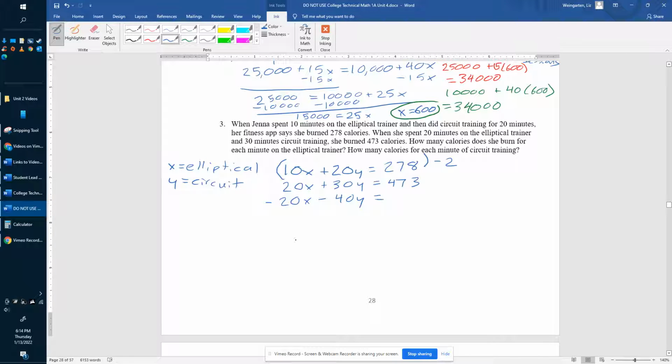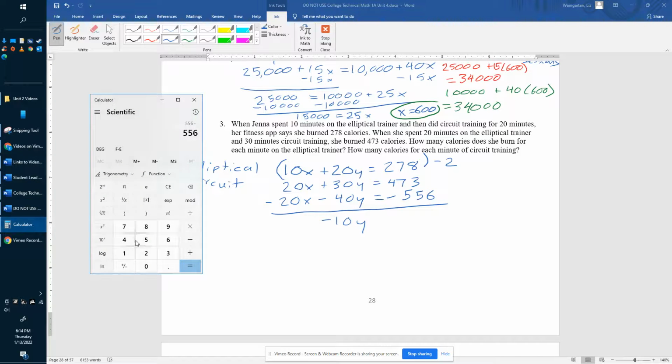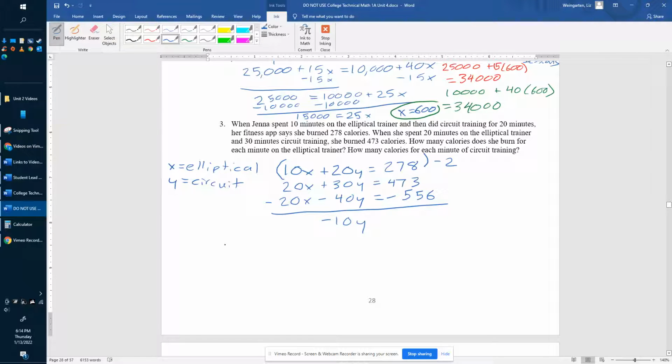We get negative 556. So our x's are going to cancel out. We're going to end up with a negative 10y equals negative 83. So y equals 8.3. So that's the circuit.